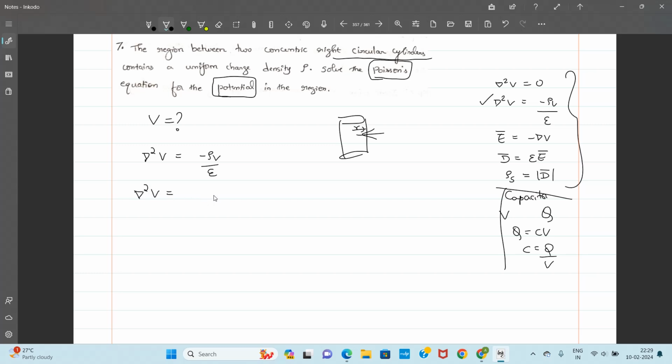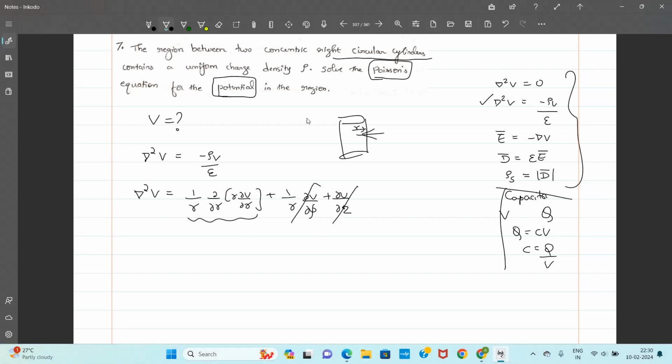Your general del square V equation will be 1 by R, dou by dou R of R dou V by dou R, plus 1 by R squared, dou squared V by dou phi squared, plus dou squared V by dou Z squared. Out of this, they have clearly told you that you are going only for the R direction component, so you will be having only the R component here. These two will not come into picture.